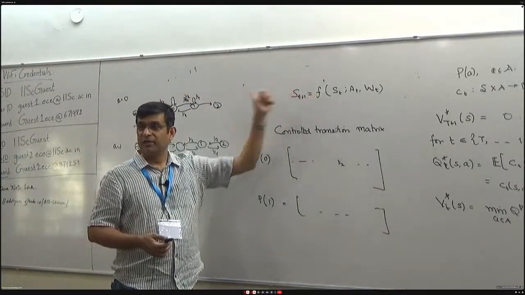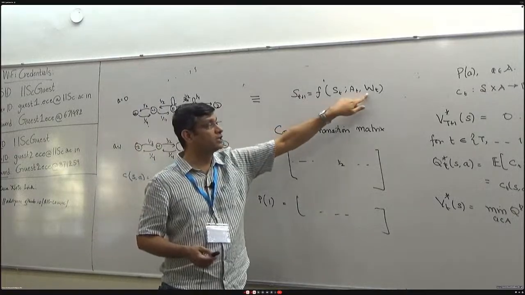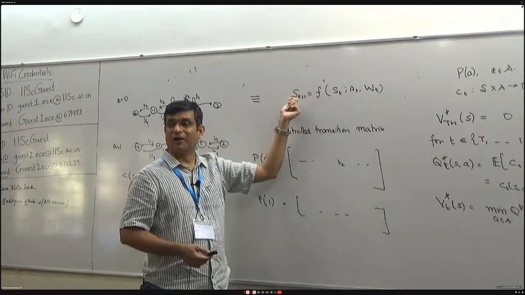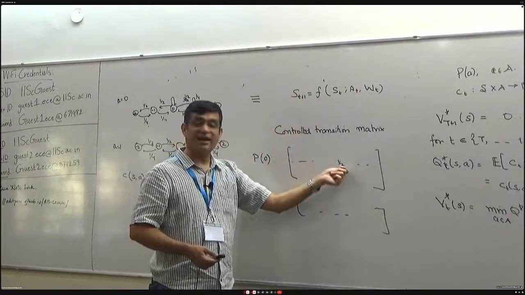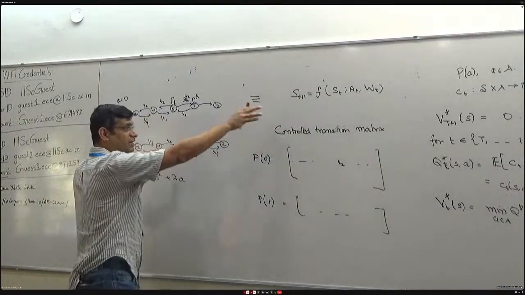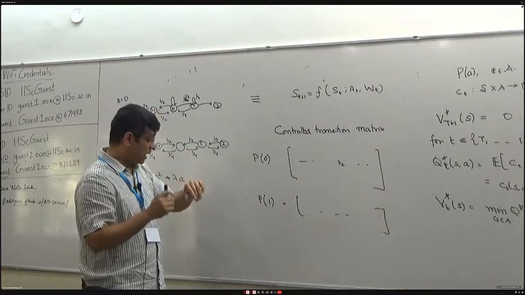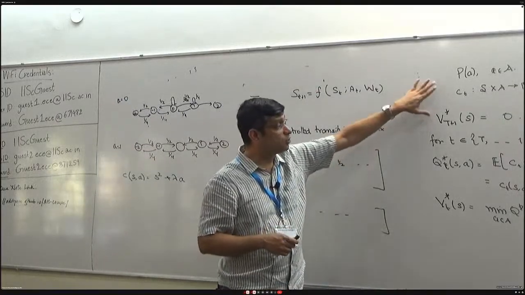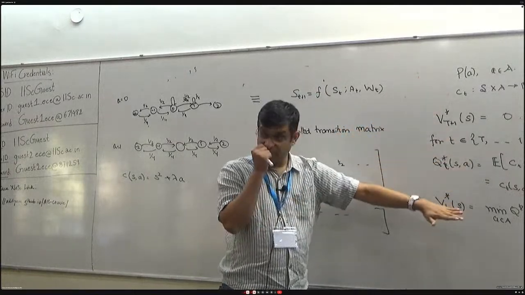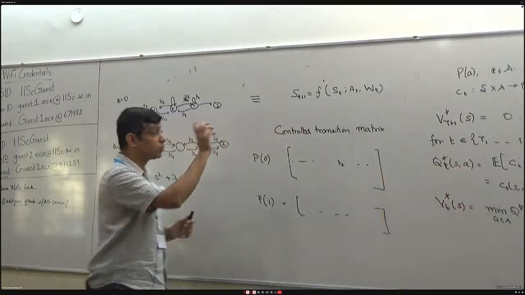The reverse, right? I just say what is the probability of all the W's which will take me from 0 to 1, and I write that number in the corresponding entry of the matrix, right? So it's easy to see in the finite case why I can go back and forth between these two representations. Okay? And as I said, in the rest of the course, we'll stick with this representation because it's slightly easier to write the computational part with this. But I want you to remember this entire construction.